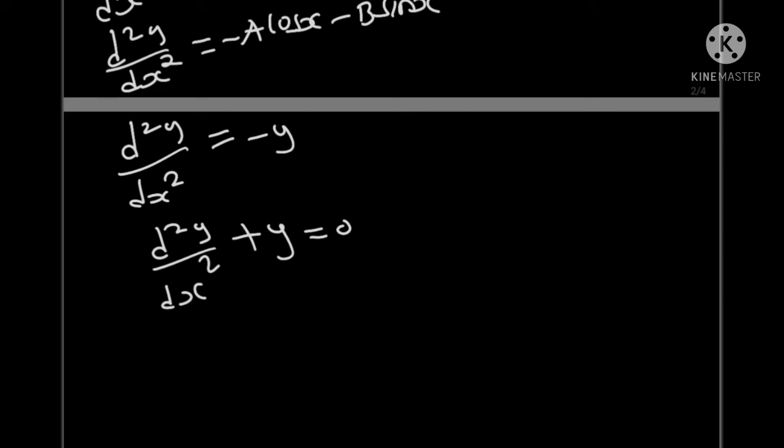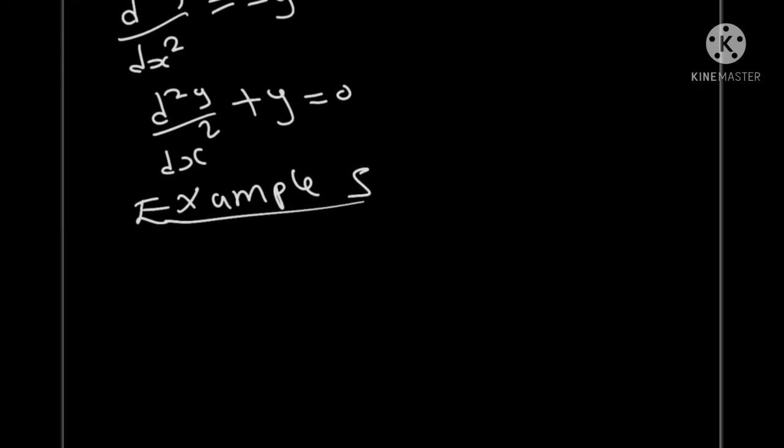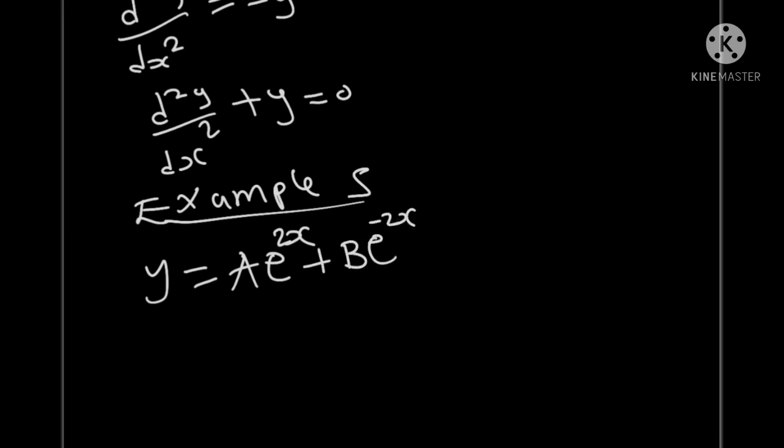Now, the last example, that is example 5. Suppose we have y equals a exponential 2x plus b exponential minus 2x. Now, because we have two essential constants, we are required to differentiate this equation twice.